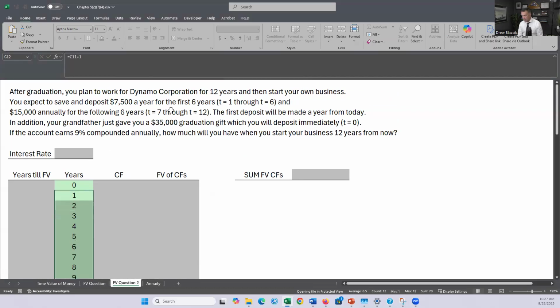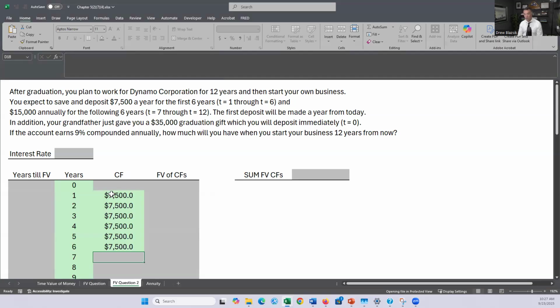So the first cash flow is 7,500 starting next year at time 1, and that's going to go from 1 through 6. Then it says we do 15,000 annually each year for the following 6 years. So at time 7, this gives it right there for us.